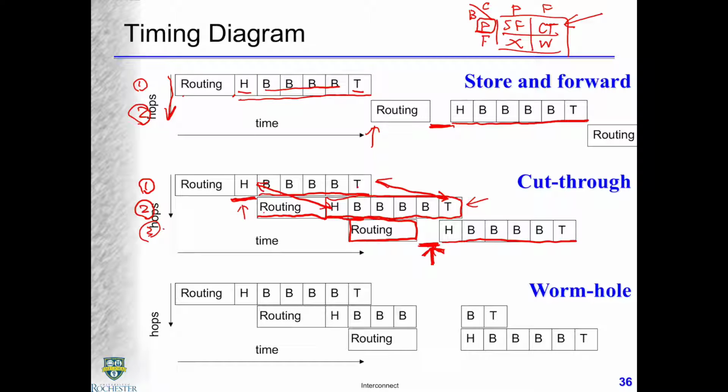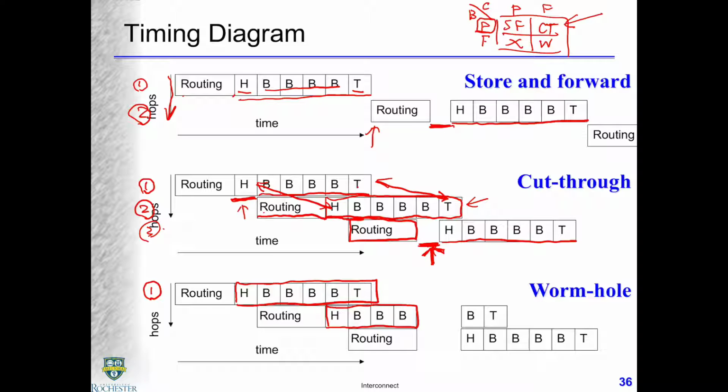Finally, in wormhole, I am reserving enough flits for my packet. In other words, when one gets the go ahead, it will send the entire packet. This is coming, but I know that I am also in parallel starting to send out, right? This is the same thing as with cut through early on.